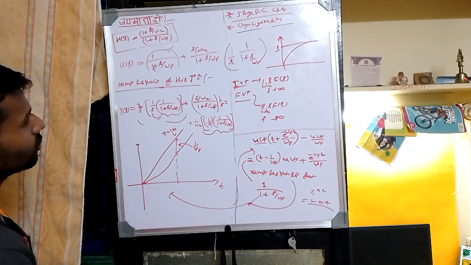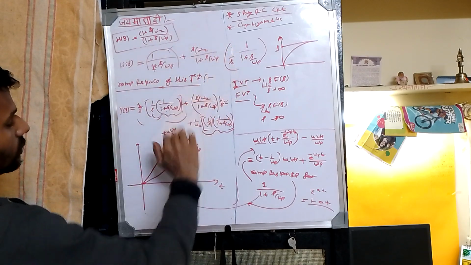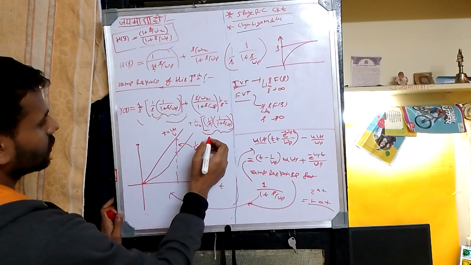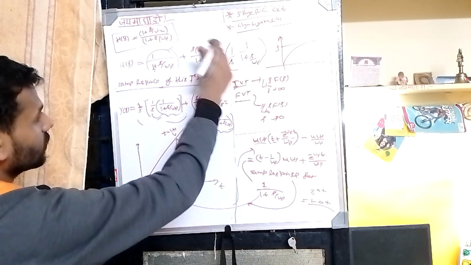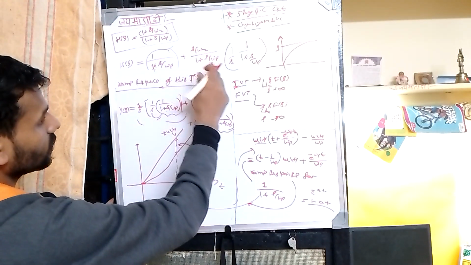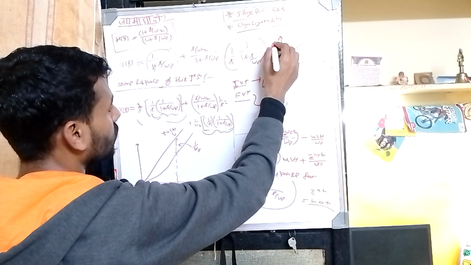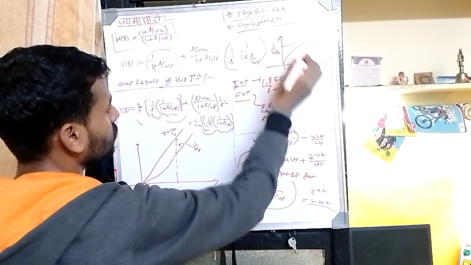And if you want to plot the total response for this transfer function, then you add the response for this. The response for this is, instead of 1, omega z.